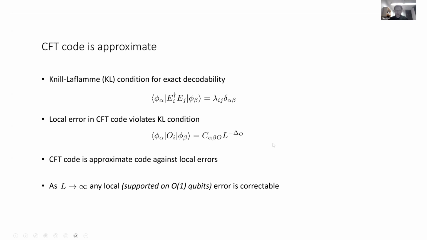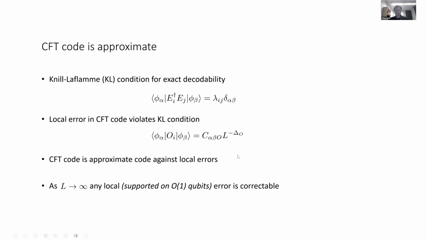Again, you see that scaling dimension is very important here. If L is finite, then this number is always non-zero, given that C is not equal to 0. This already violates the Knill-Laflamme condition for exact decodability, and that means the CFT code can only be an approximate code.